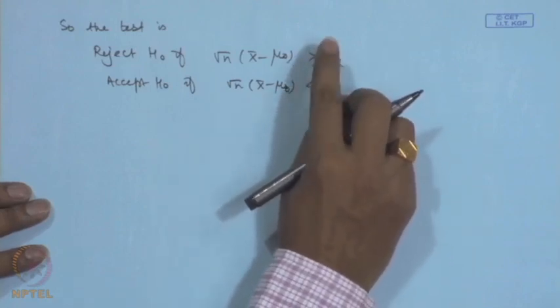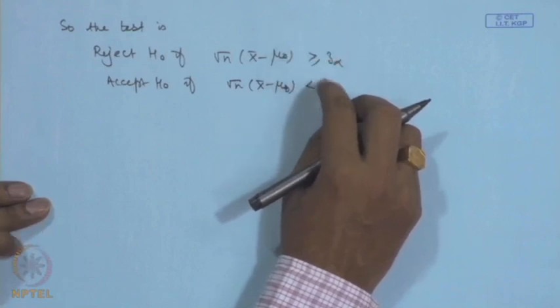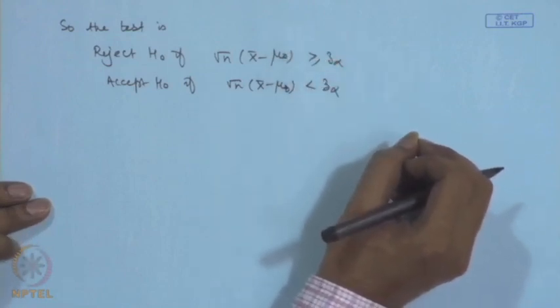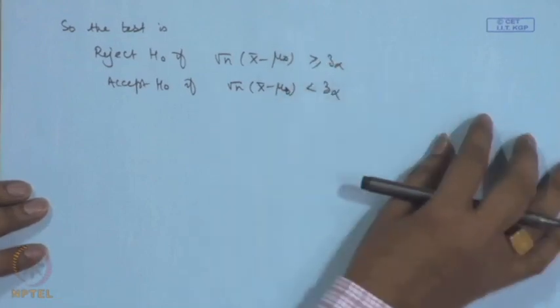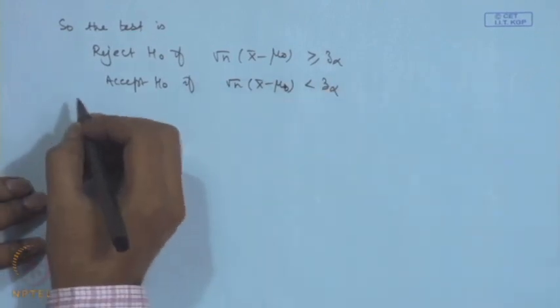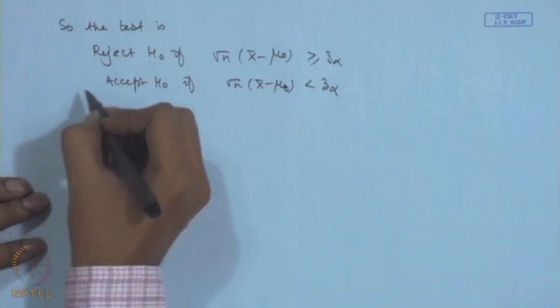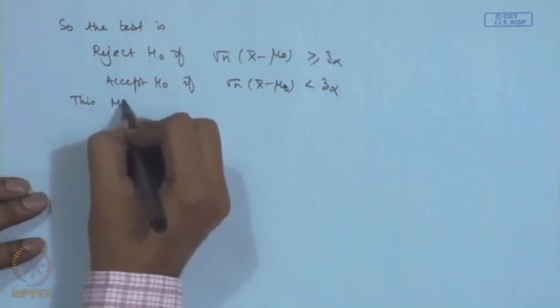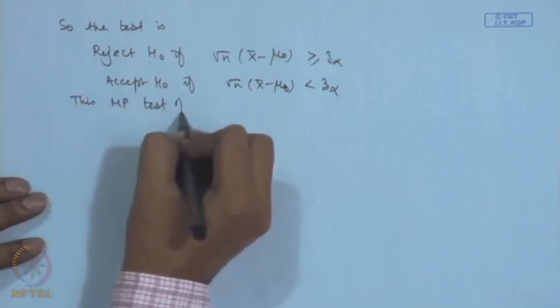Inclusion of equality in this case or this case does not make any difference, because of the continuity. The probability of the equality will be actually 0. So, this is the most powerful test of size alpha.